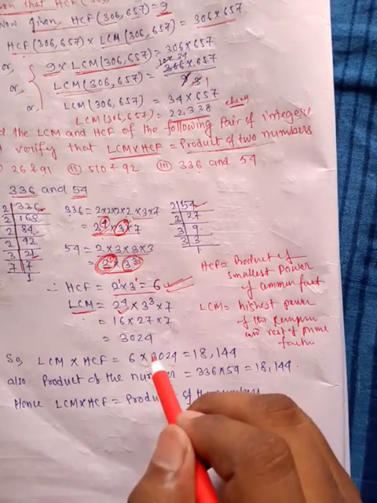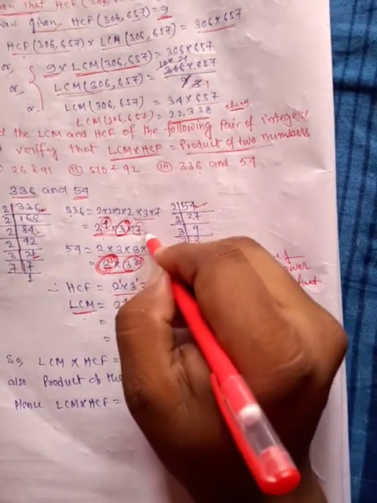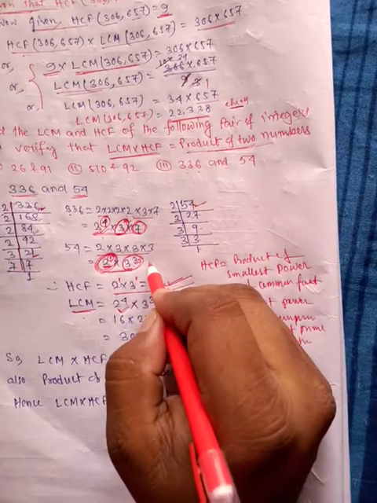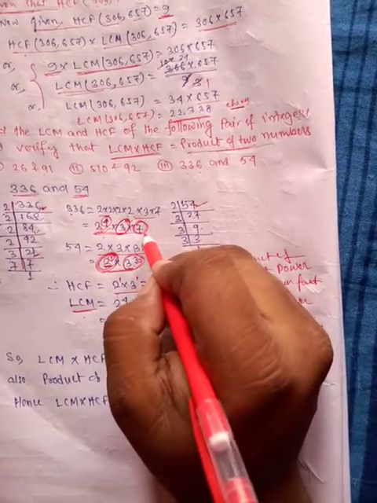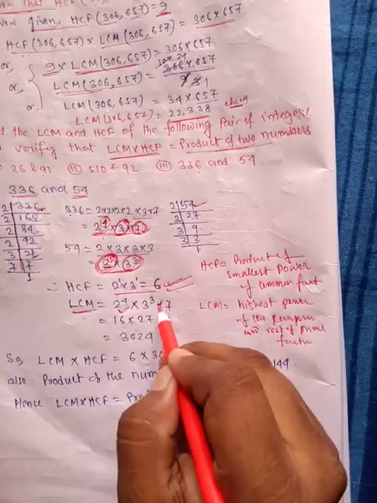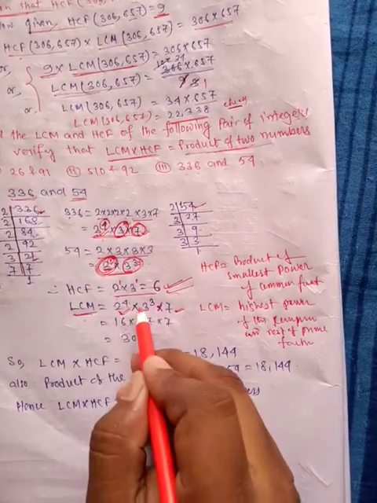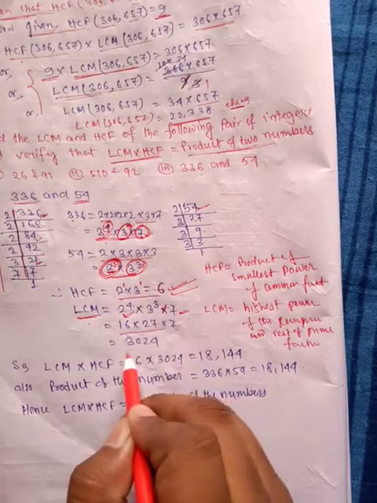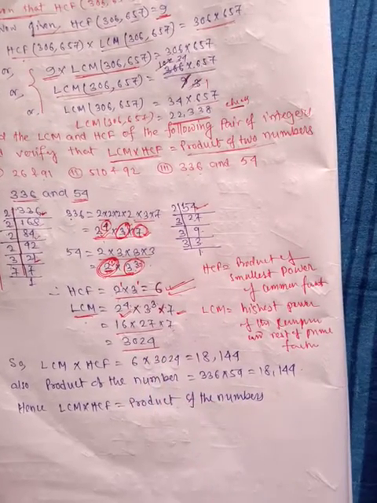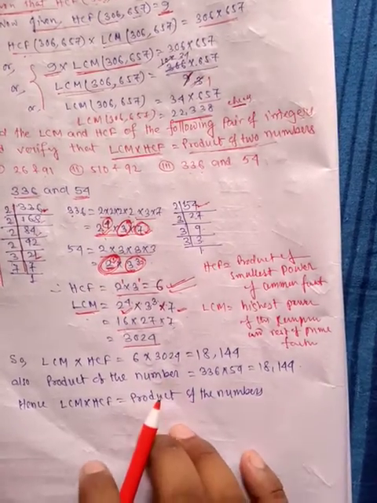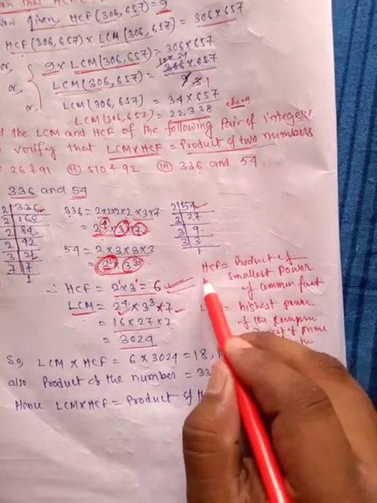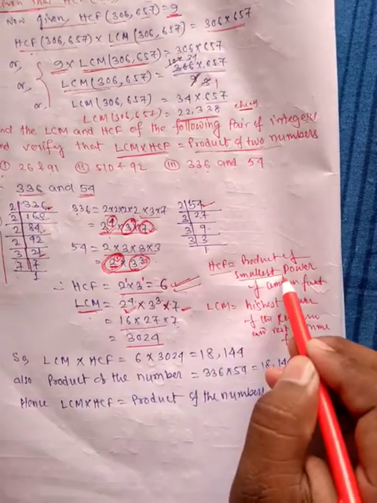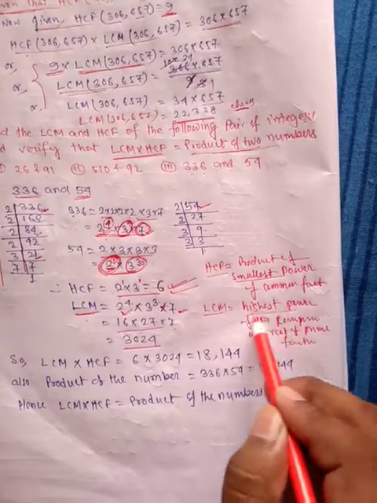And the remaining prime factor is 7, so multiply by 7. So 2 to the power 4 into 3 to the power 3 into 7, so 16 into 27 into 7, that is 3024. Okay, understood? Mind it, for HCF it is the smallest power, and for LCM it is the highest power.